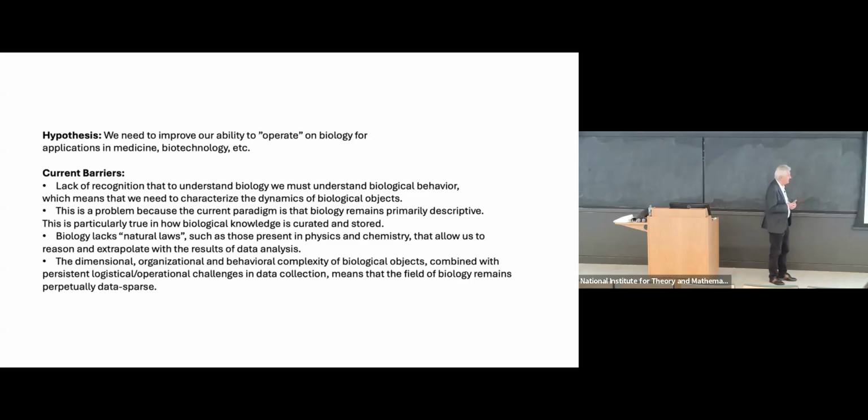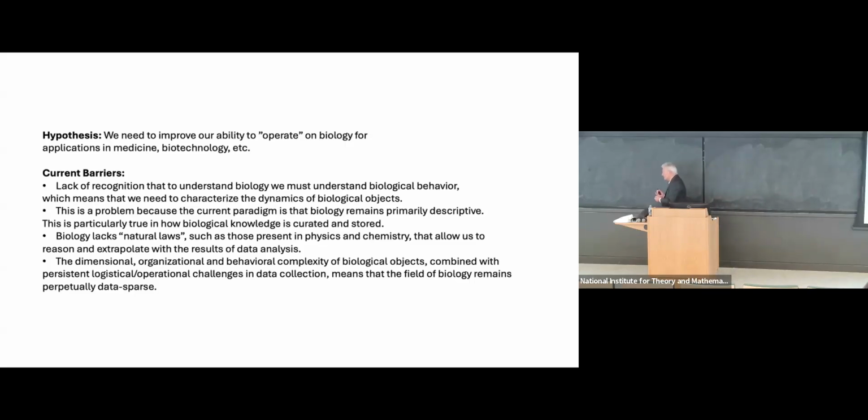And we list here some current barriers. One of the problems is that at the current time, and maybe never, do we have laws of biology like we have laws of physics. And modularity, one could think of as a law of biology, but whatever you call it, it is a very useful organizational principle that one needs to implement, right?